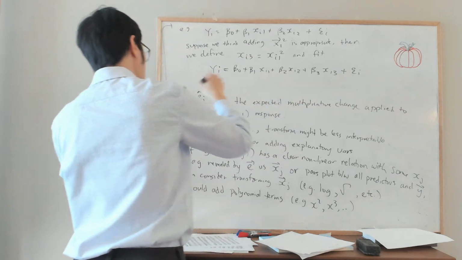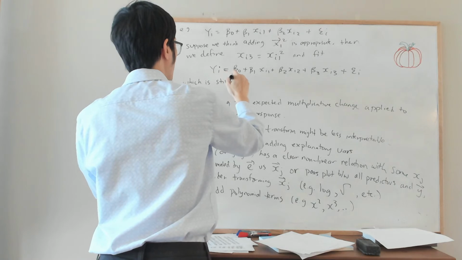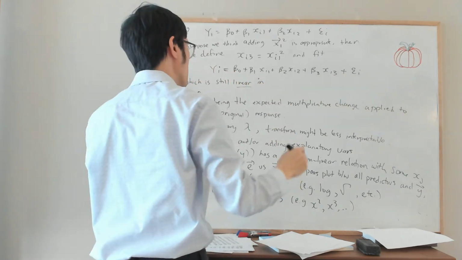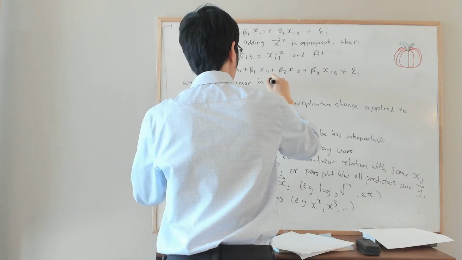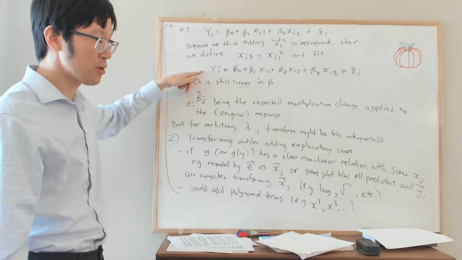So it's still considered a linear model in beta. Okay, so that's what we can see by writing it this way.